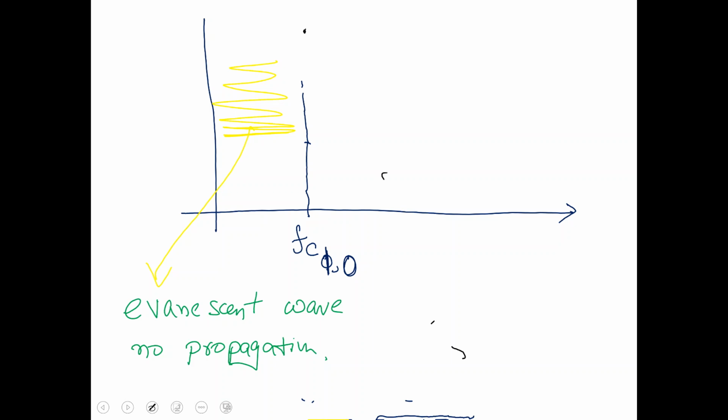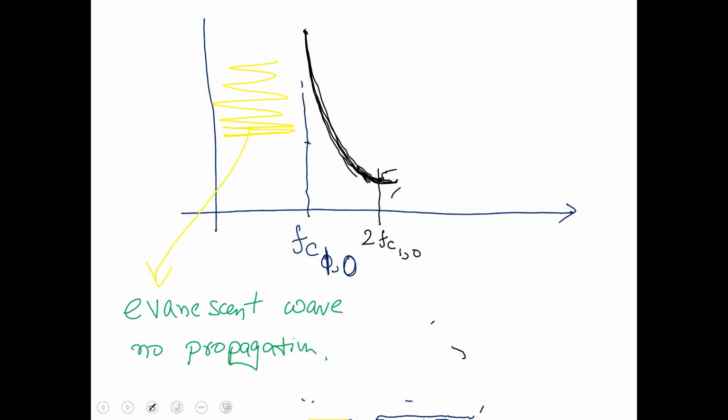And that term is going to dominate as I change F close to it. So the loss is going to drop down very, very quickly. You're going to see some behavior like that. Roughly at twice Fc of TE10, it's going to achieve the minimum loss.